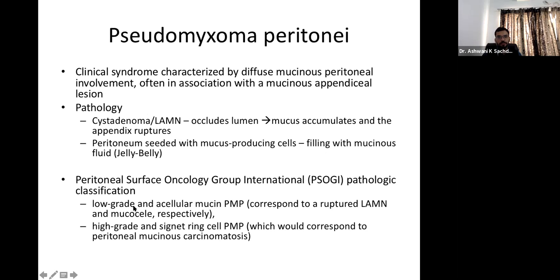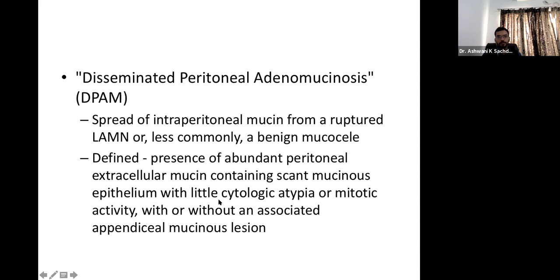It is the same as the first classification, low-grade or acellular PMP, defined as abundant peritoneal extracellular mucin containing scant mucinous epithelium with little cytological atypia. They are usually well differentiated with little mitotic activity, with or without an associated appendiceal mucinous neoplasm. So there is abundant mucin, some cells, and they are well differentiated.